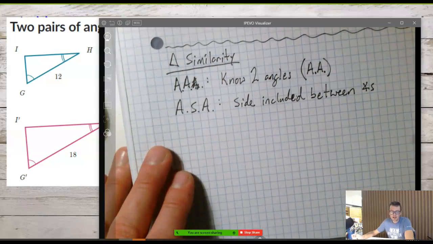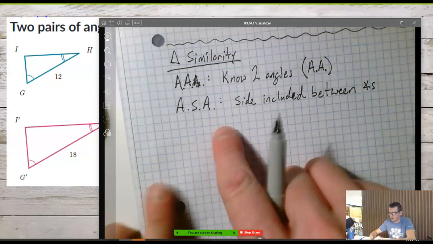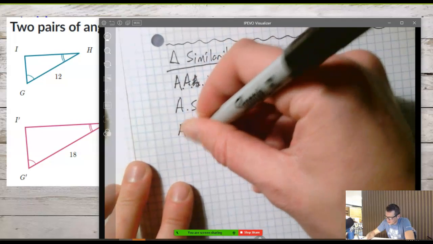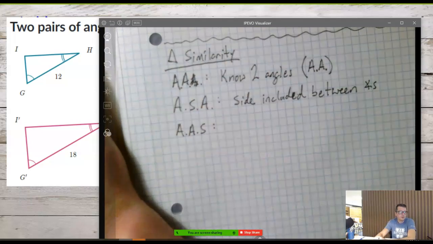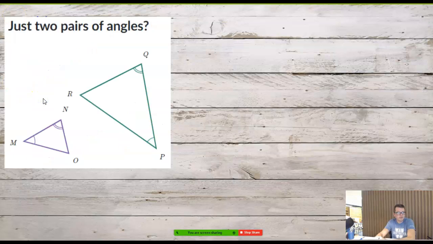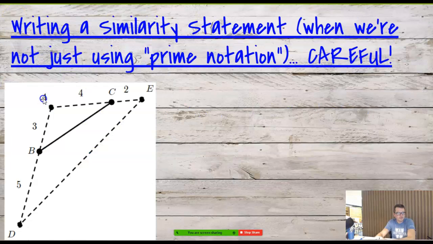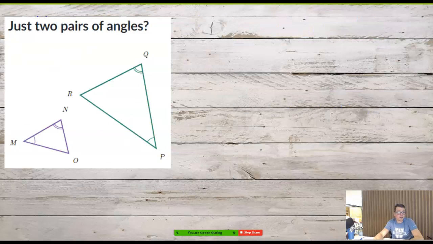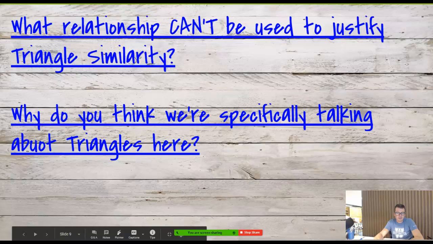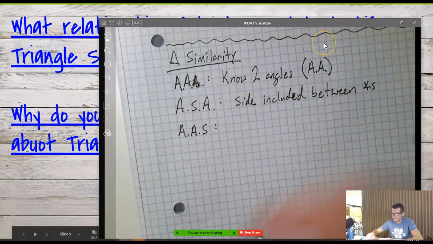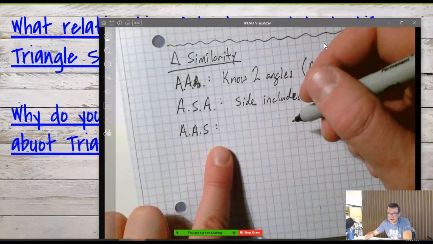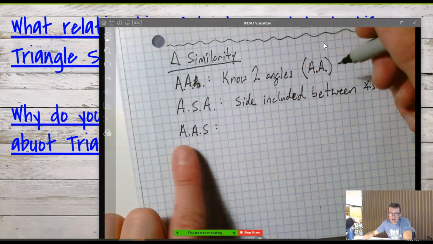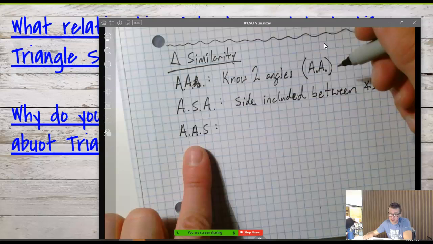Now, what if the side isn't included between the angles and it was actually angle, angle, side? I did not put one of these examples in here. So I knew I wanted to cover too much today. So angle, angle, side also works, because remember, angle, angle, any angle, really knows all three angles.